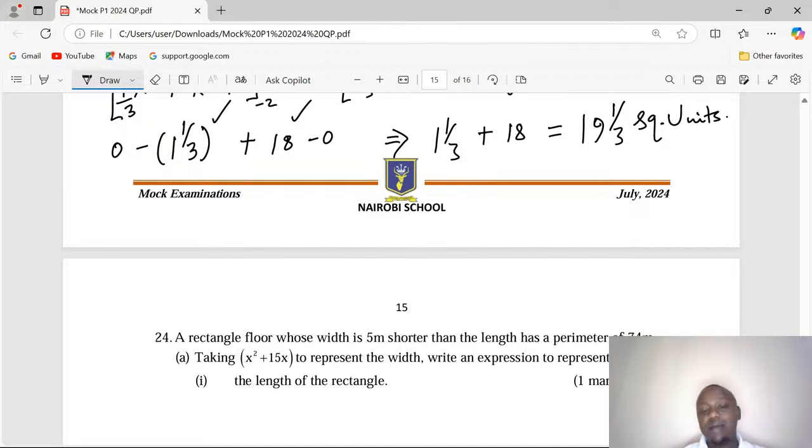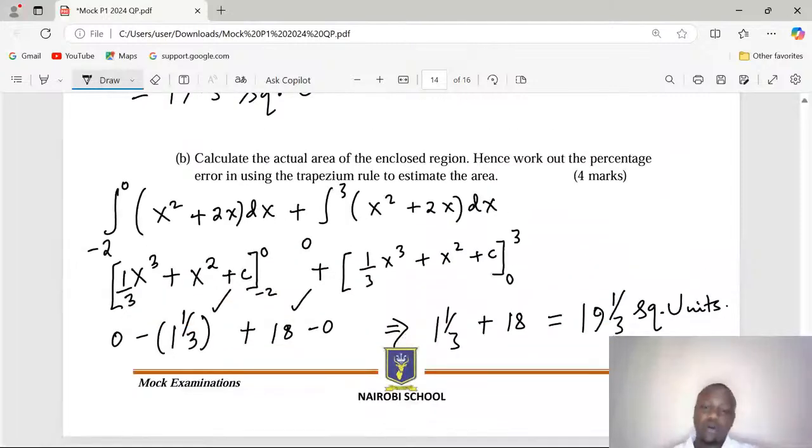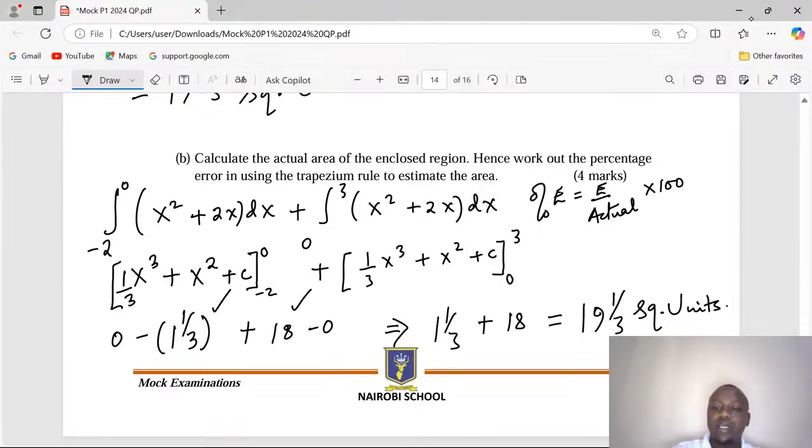With that particular area, now we can go back to our question and discover that we've been told, hence work out the percentage error in using the trapezium rule to estimate the area. Error is usually the difference between actual and estimated values, but now percentage error will be error over actual times 100 to make it percentage.